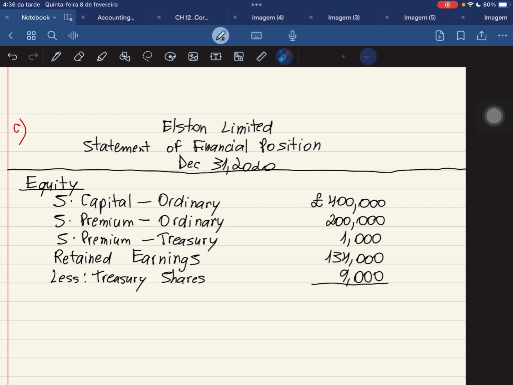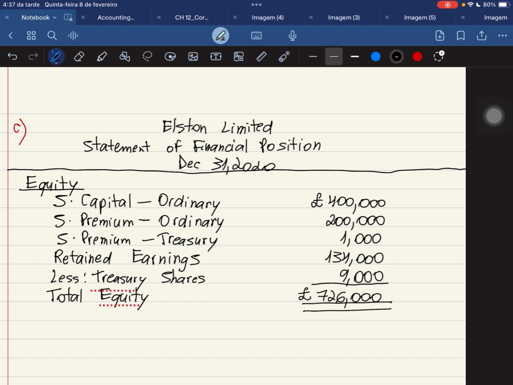So we are going to add all of these numbers and then subtract 9,000. Let's see how much that is. And here you would have total equity, because this is a total amount. That is 726,000 pounds. And you would finish by having 2 lines under the total equity.